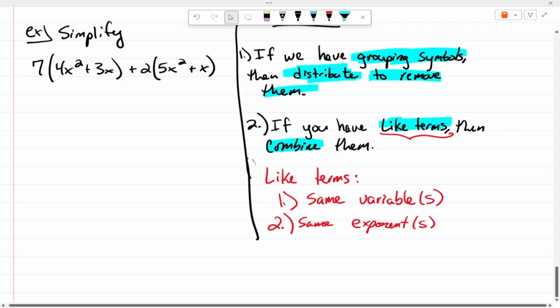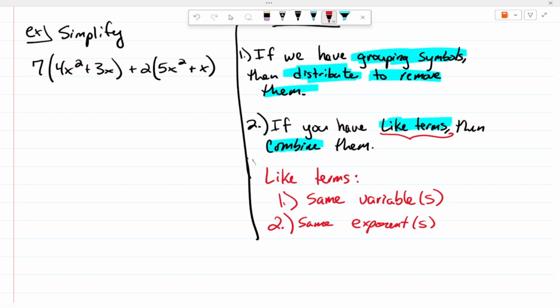Do I see grouping symbols? Yes. Then distribute. So I get 28x to the second plus 21x plus, now let's distribute the 2, 10x to the second plus 2x. Second, do I have like terms?